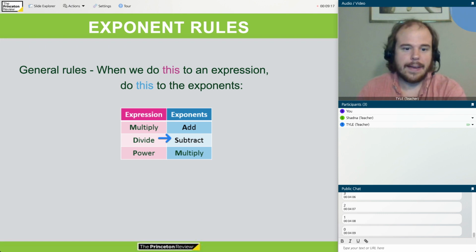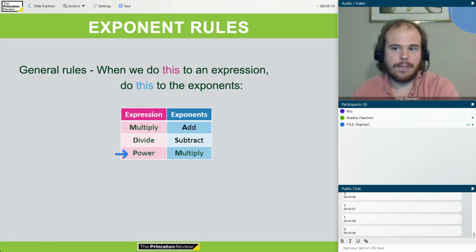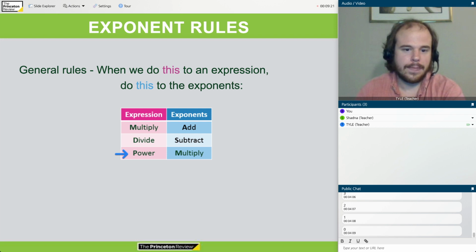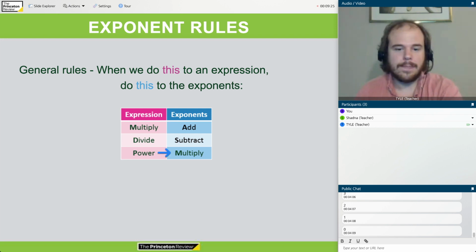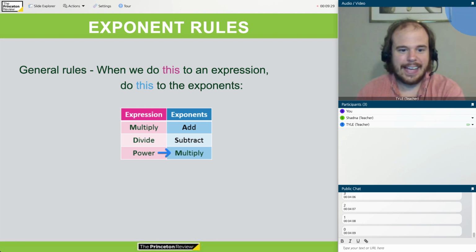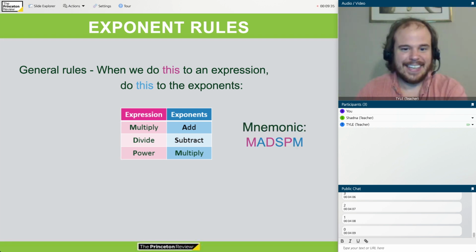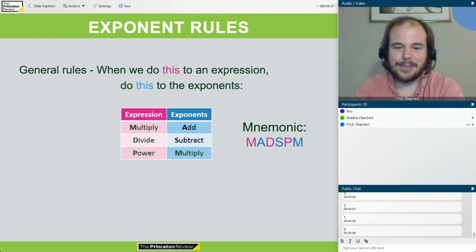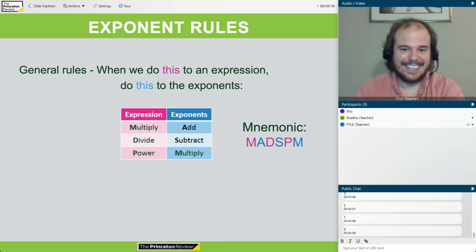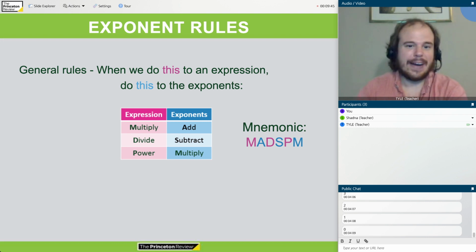And anytime we raise an expression involving exponents to a power, we'll multiply the exponent times the power that we're raising it to. So multiply, add, divide, subtract, and power multiply. Those are the rules. Here's a handy mnemonic: MADSPM, to help you remember. Multiply, add, divide, subtract, power multiply.